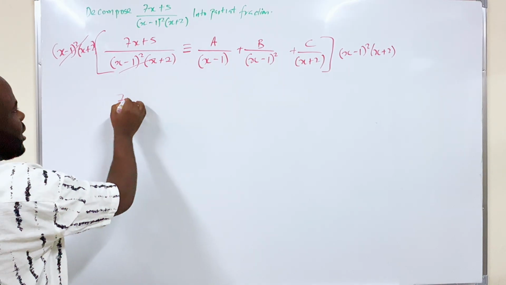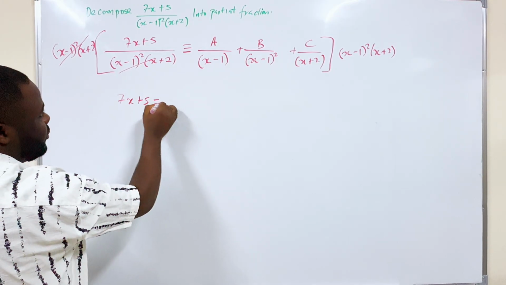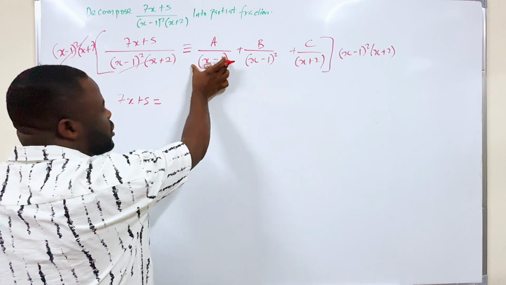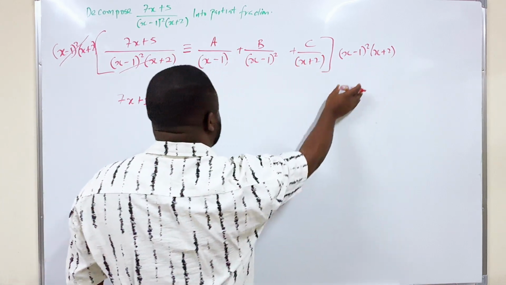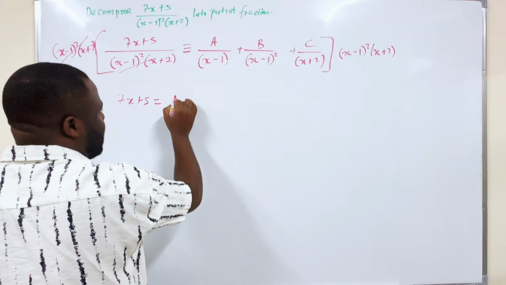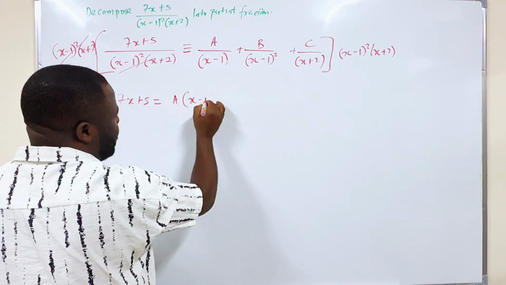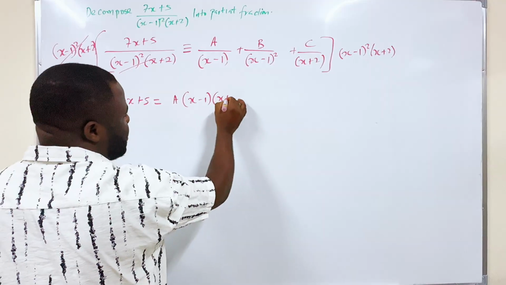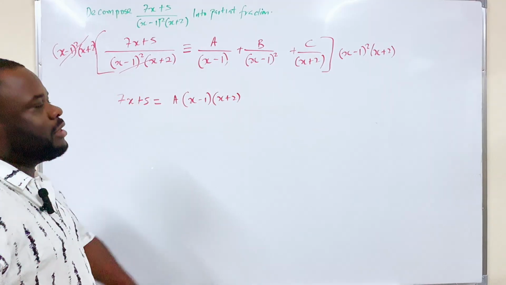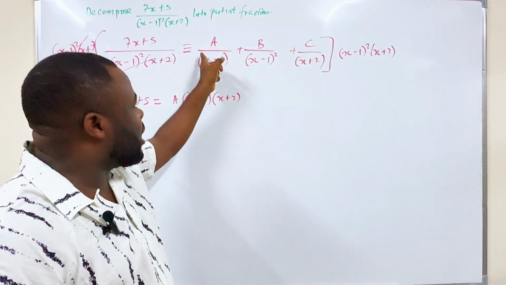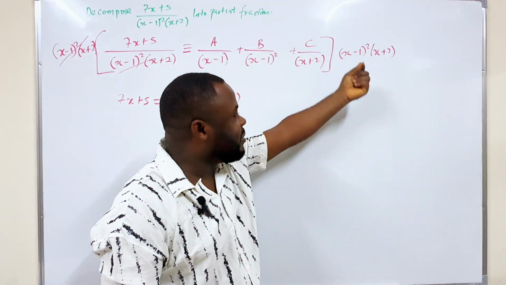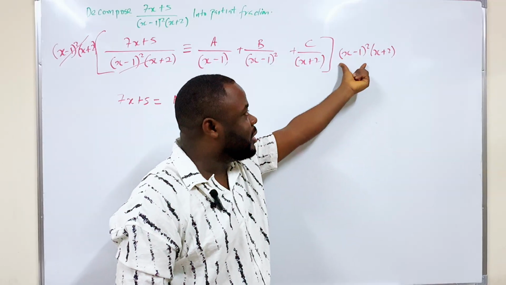So we have 7x + 5 equals, so let's use this fraction rather, multiply with this. So we are going to have A in the bracket of (x - 1), then left with (x + 2). Remember we have a square here, so if we cancel 1, we are still going to have one (x - 1). If we cancel this and one of these, we are still left with one of these, then this.